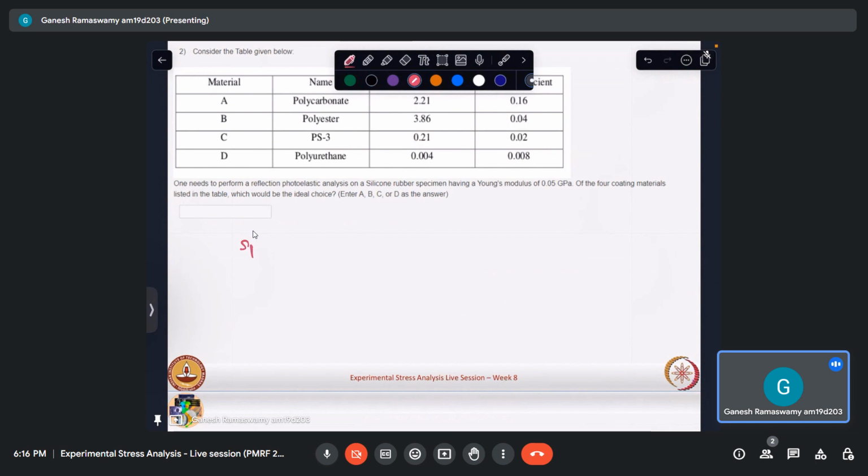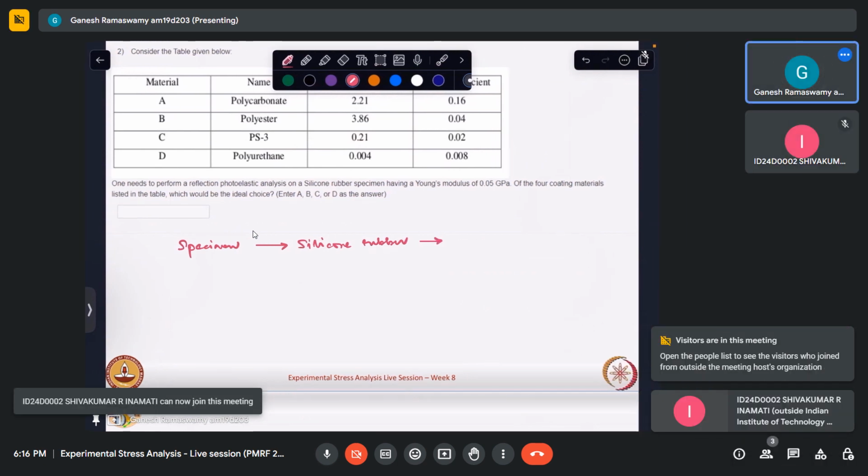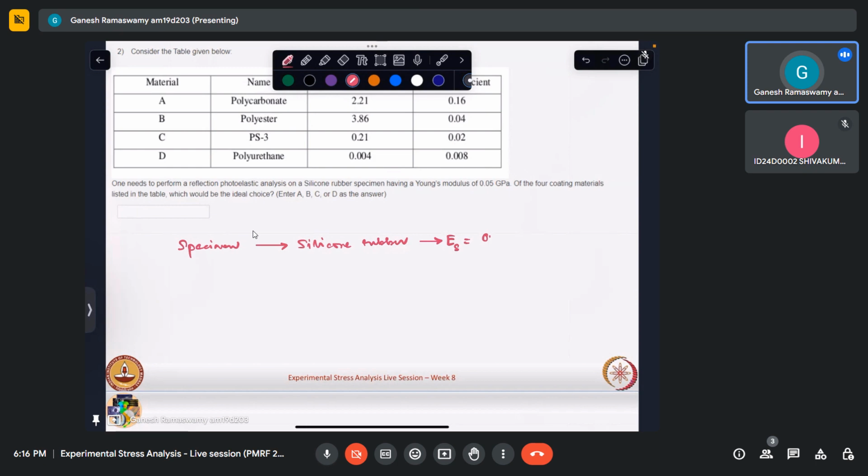So the specimen here is silicon rubber, which has a Young's modulus of, this is for the specimen, 0.05 GPa.